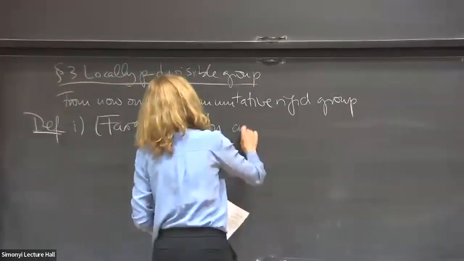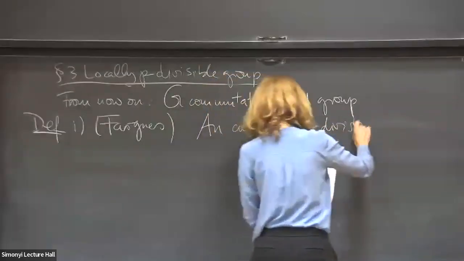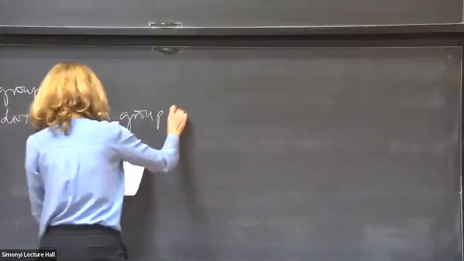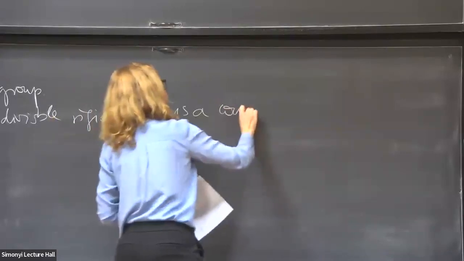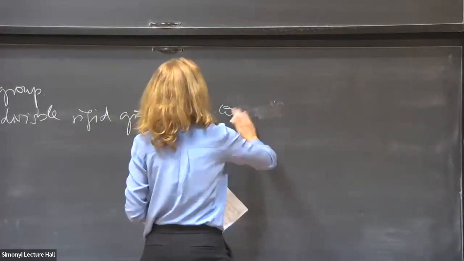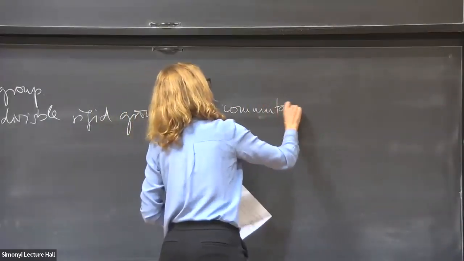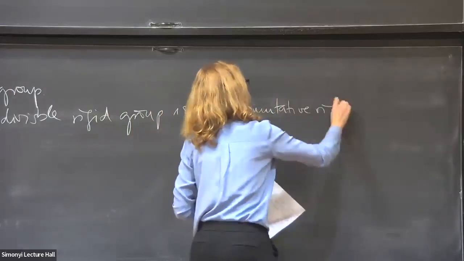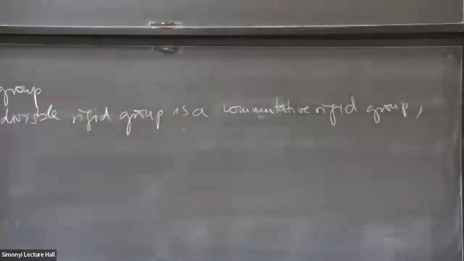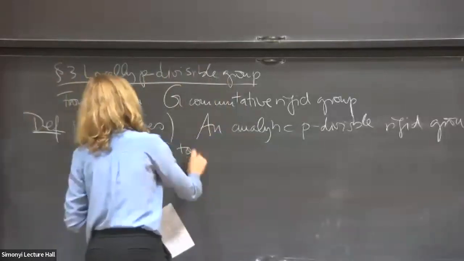So an analytic, rigid analytic p-divisible rigid group is a commutative rigid group, so a commutative group object in the world of rigid spaces, such that the group is topologically p-torsion.